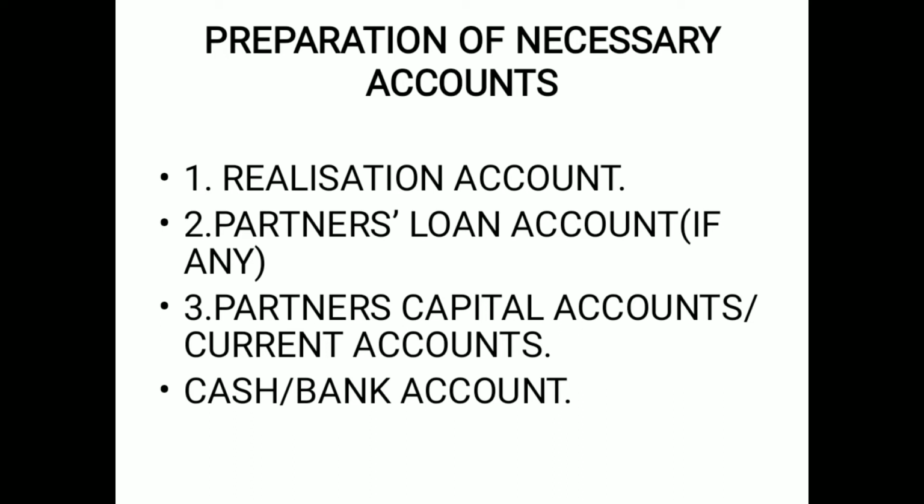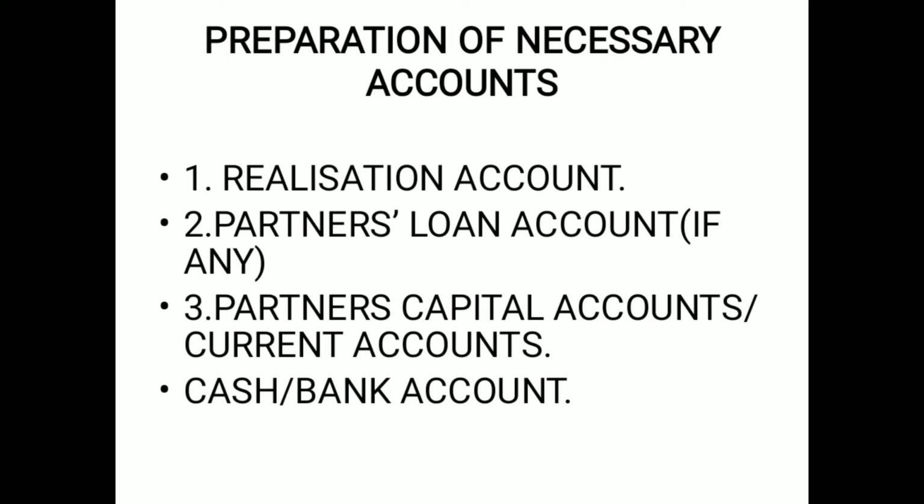The question might be which accounts are to be prepared at the time of dissolution. Of which, first is the realization account, then partner's loan account if any. That means if it is mentioned in the given question that the partner has given a loan, only then is the partner's loan account to be prepared.